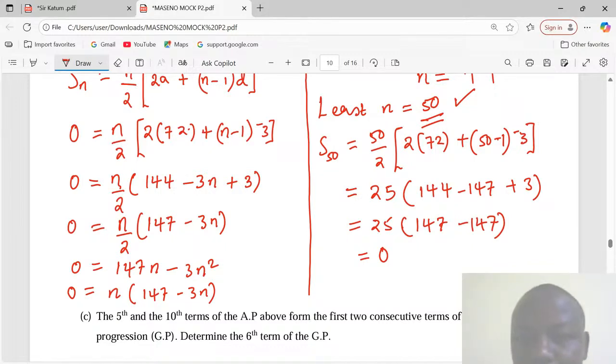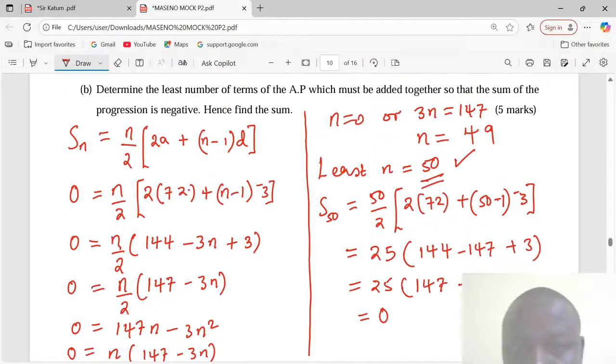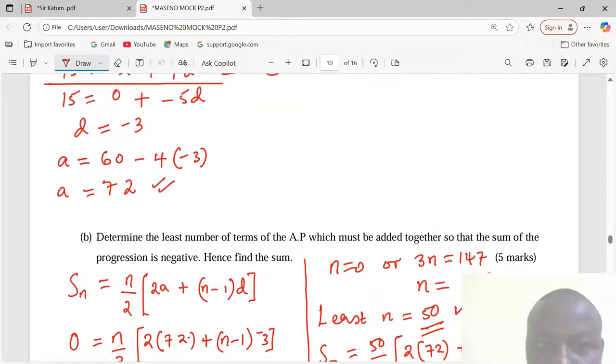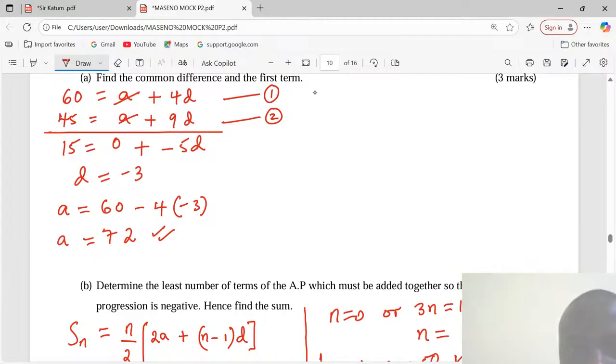Okay, let me check something here very quickly. Just going to compare something here. Or somebody has already worked out. The sum is negative 75.